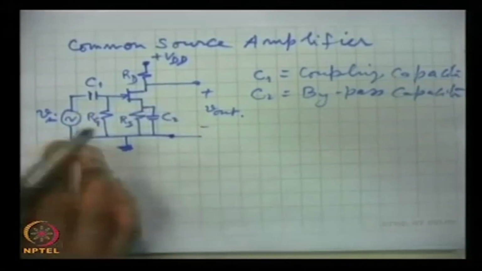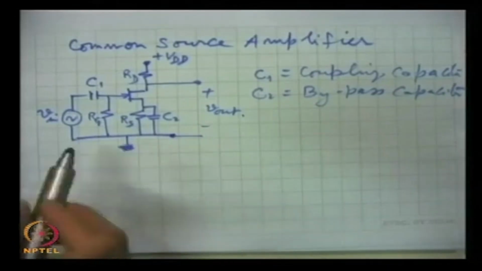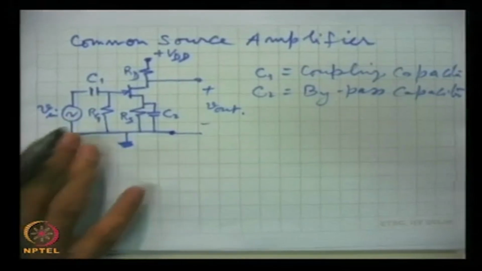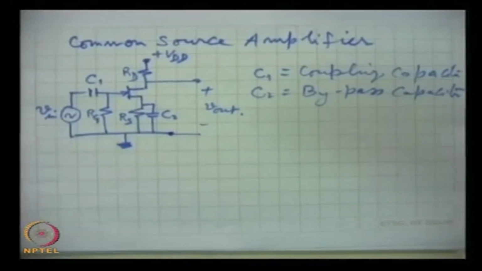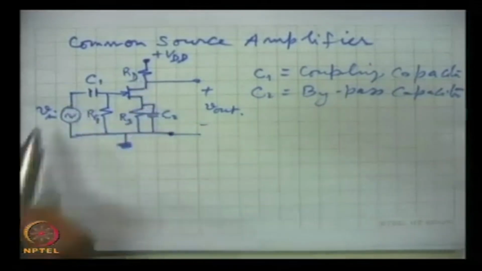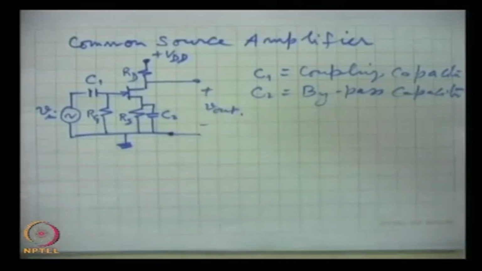Now first we should draw the AC equivalent circuit for this actual circuit. This is the actual common source amplifier circuit, which makes use of these three resistances, two capacitances, the input signal, and the output is taken here. And we draw the AC equivalent of that.